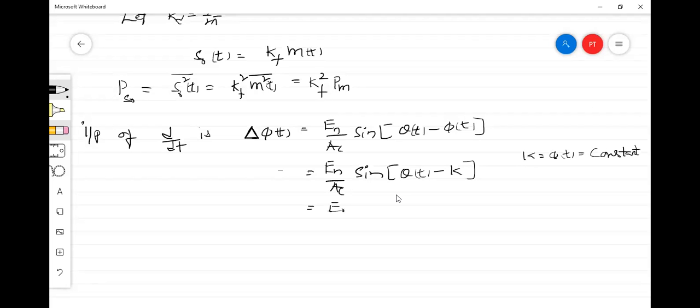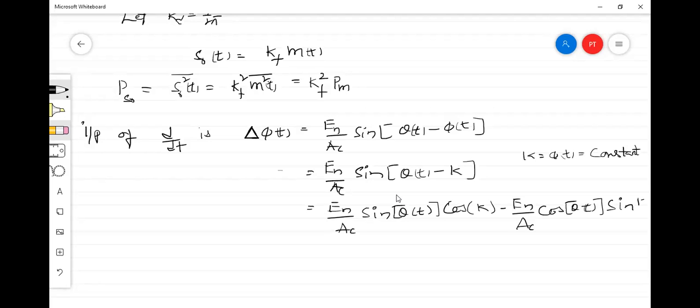I can write this as En by AC, this is sine theta of t, into cos of k, plus or minus En by AC cos theta of t into sine k.